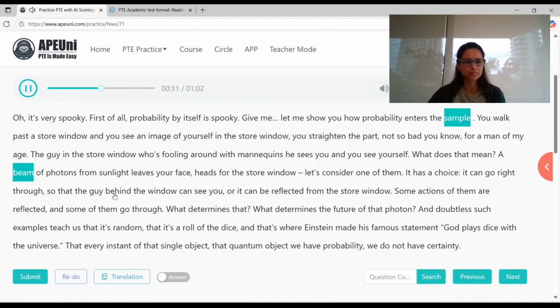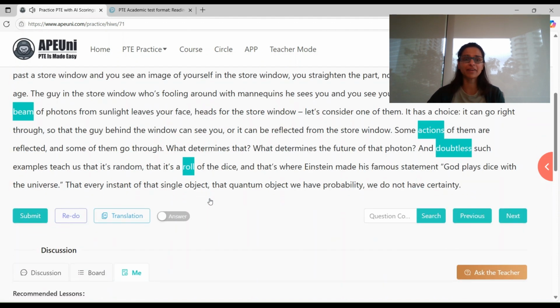It can go right through so that the guy behind the window can see you, or it could be reflected from the store window. Some fraction of them are reflected, some of them go through. What determines that? What determines the future of that photon? And countless such examples teach us that it's random, that it's a throw of the dice. And that's where Einstein made his famous statement, God plays dice with the universe. At every instant of that single object, that quantum object, we have probability. We do not have certainty.